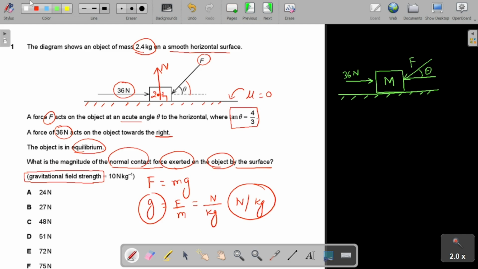First of all, there is a very important concept: which force should be broken into its components.